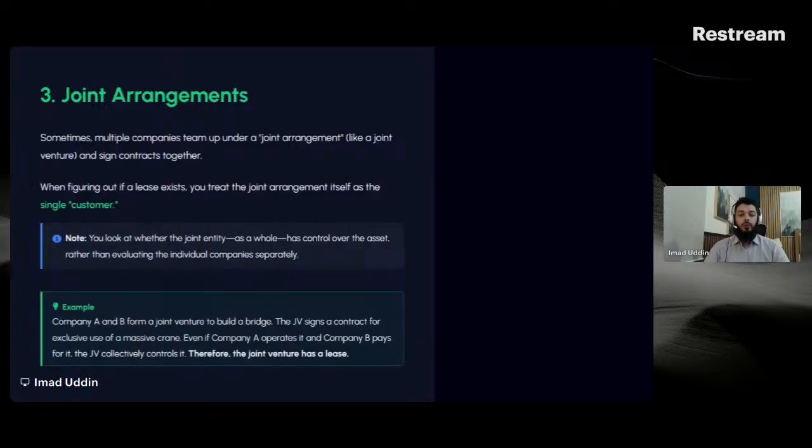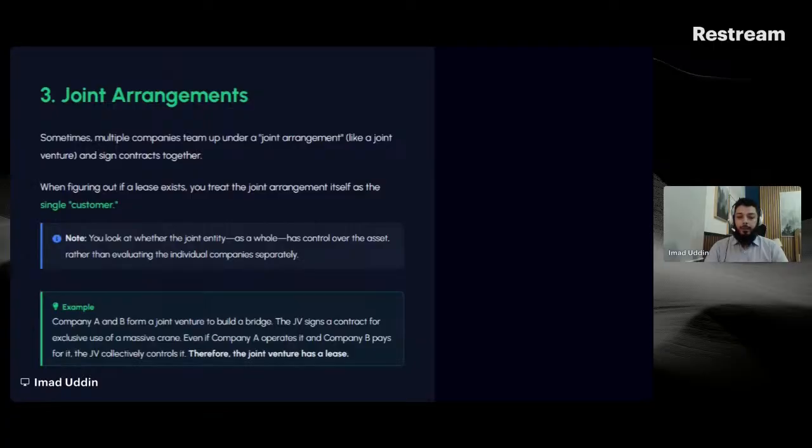So there are no two separate contracts, even though there are two separate parties, and even if one particular party might be using the asset and the other might be signing it. Because there's joint control and a joint agreement, this might still be a lease. So you have to look at whether the joint entity as a whole has control over the asset rather than evaluating the individual companies separately.